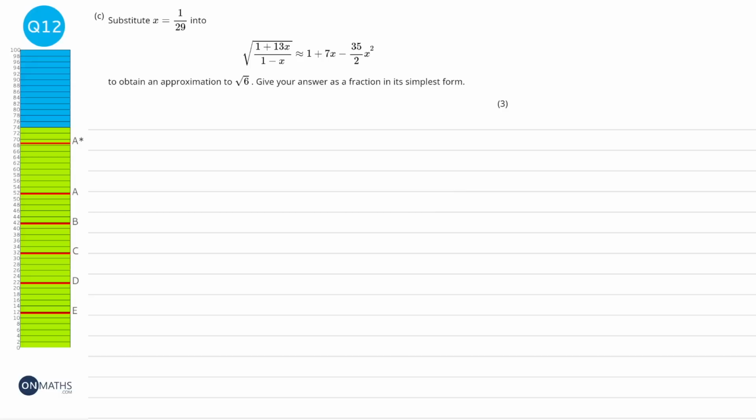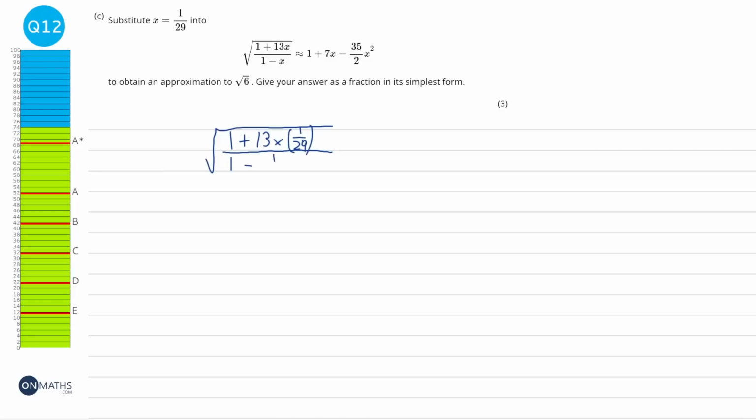So for part C, we do a bit of magic. I always find this a bit magical, that you can put in a value of x here and it will give you an approximation to a square root. It's really clever. So I'm going to start just by substituting in the 1 over 29. So it would be 1 plus 13 times 1 over 29. I'm just going to put it in brackets just to show where we're substituting in.